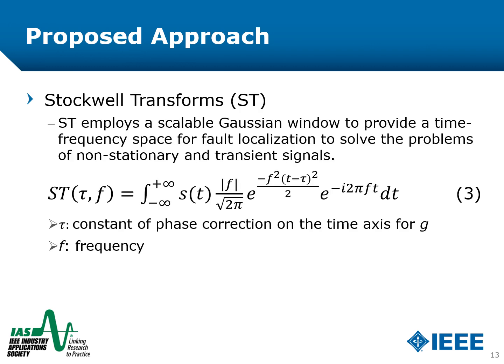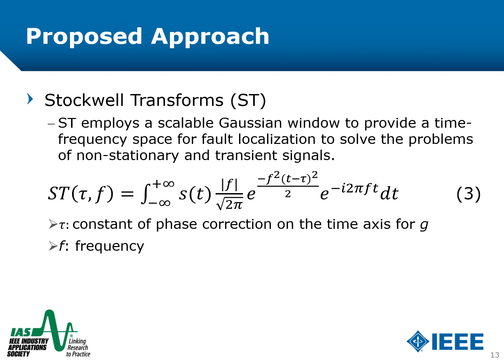Stockwell transform employs a scalable Gaussian window to provide a time-frequency space for fault localization to solve the problems of non-stationary and transient signals. It is formulated as the following integral.